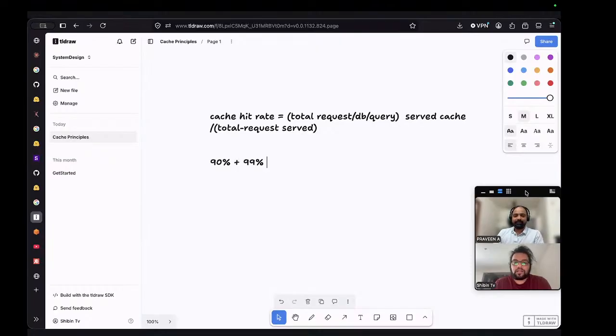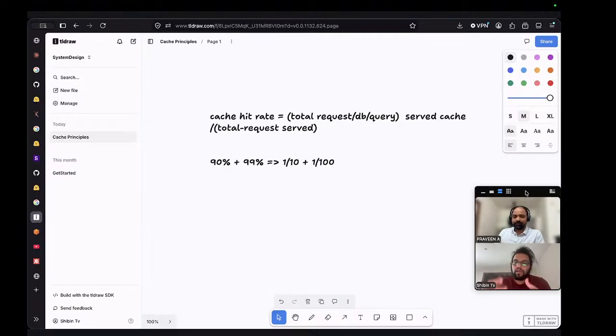What it essentially means is that in the first approach, only 1 in 10 queries is served very fast, in a couple of milliseconds. For the second approach, 1 in 100 requests is not served from cache.